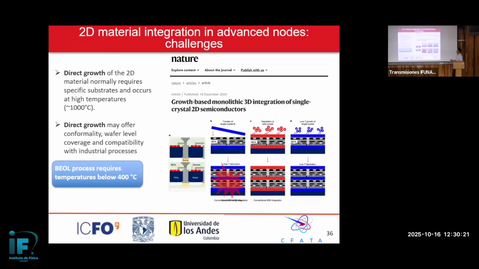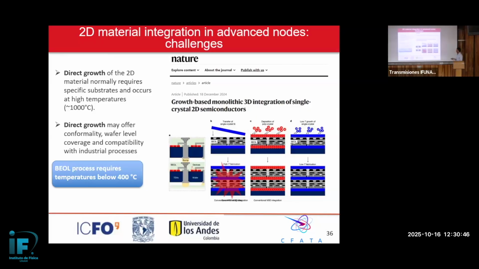So this is just what I mentioned. Normally the direct growth of 2D materials will require higher temperatures, such as 1,000 degrees. You have to go down to at least 400 degrees to be compatible with the back end of the line process in the semiconductor industry.